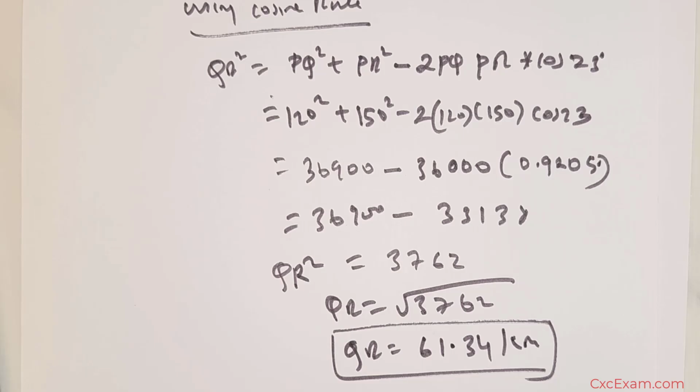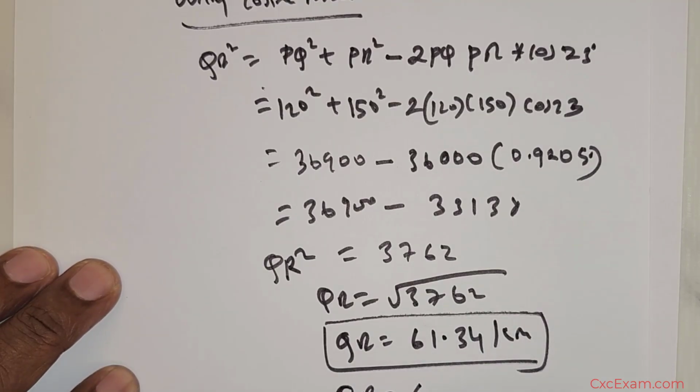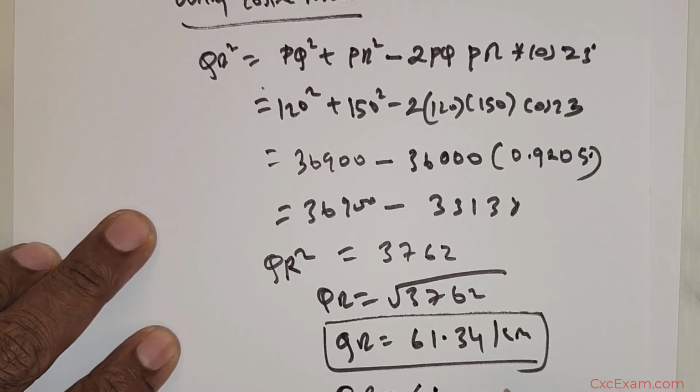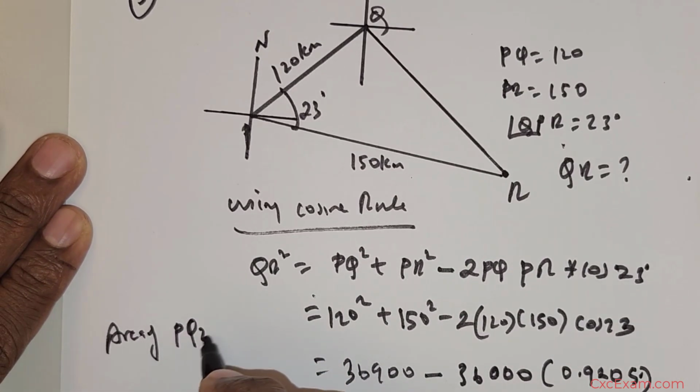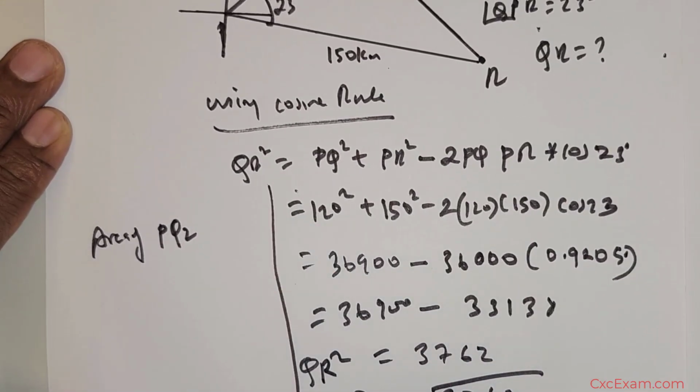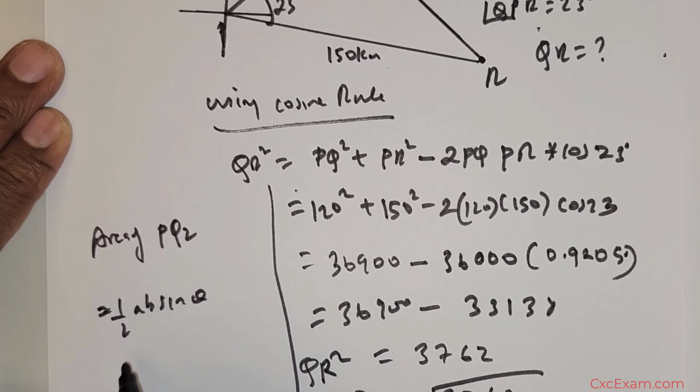Okay. Now if they ask you for one decimal place, you just give it as 61.3. Now they are asking you to find the area of PQR. This has a formula as half into AB into sine theta.